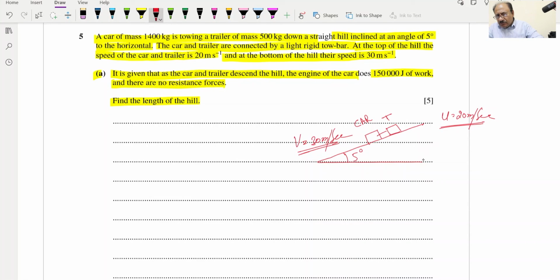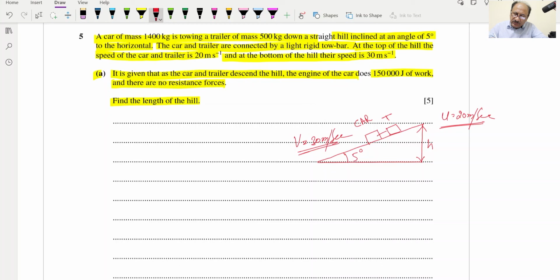This height we can take as h, and this will be opposite over hypotenuse, so it will be s. This theta value will be 5.